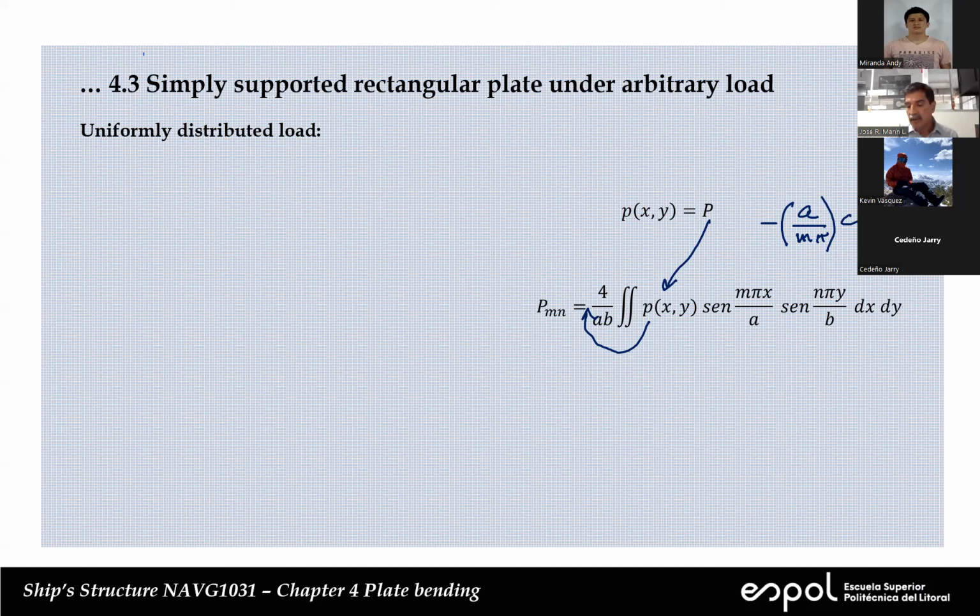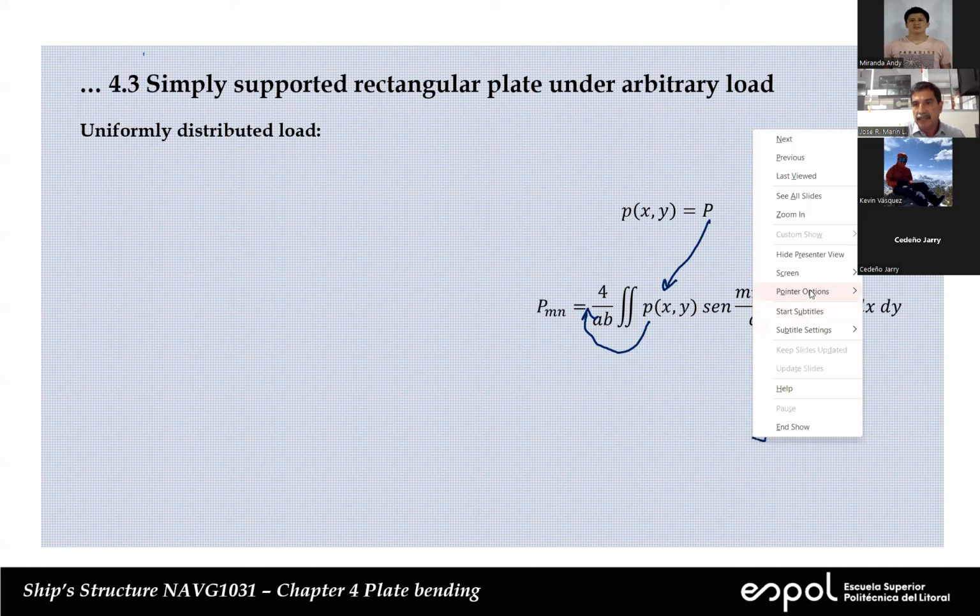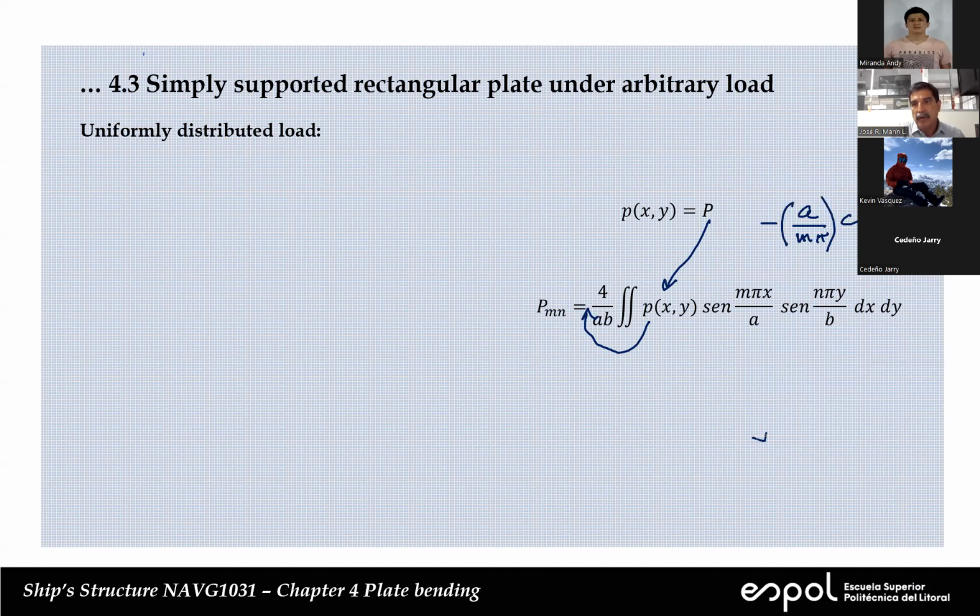Now, let's suppose that m is even. For example, m is equal to 2. If m is equal to 2, we will have 2 pi x over a. We evaluate that at a, so if we put a here, that will give us cosine of 2 pi. How much is the cosine of 2 pi?